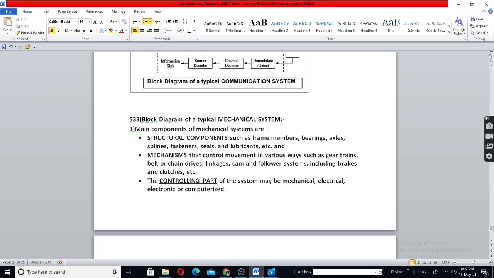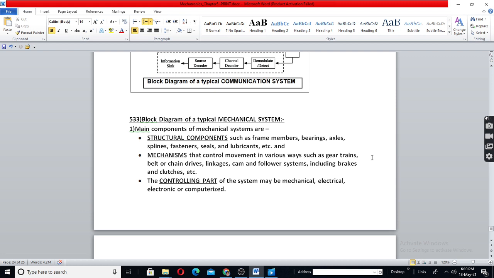Now, a typical mechanical system. For a mechanical system, you have components such as bearings, axles, seals, lubricants, frame members, say rigid members. Next, mechanisms.